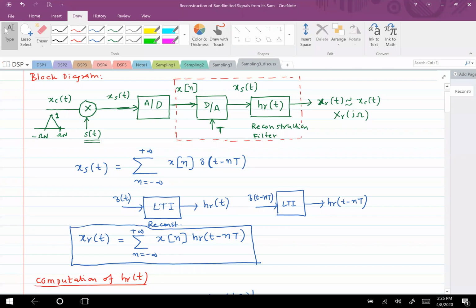For example, if you recollect, in A to D, we were writing it as an integral from nT minus epsilon to nT plus epsilon, right? Had it been a discrete time impulse, that integration wouldn't be there. So in the textbook, even for A to D conversion, he is considering it as if it is a discrete time impulse. So here you don't worry about it at this point. You consider it as if this is a continuous time impulse itself.